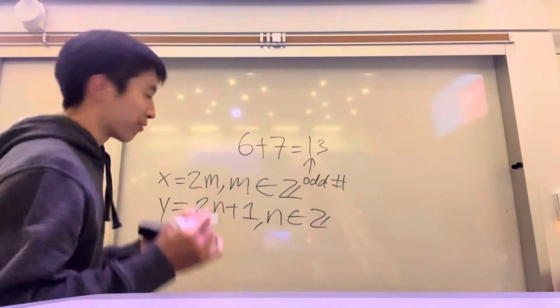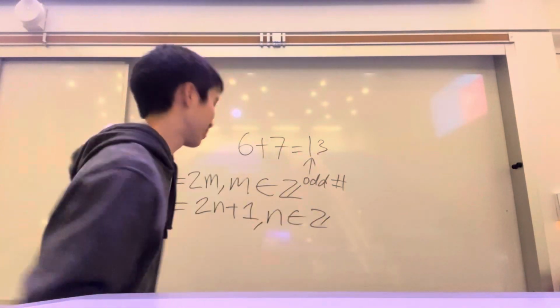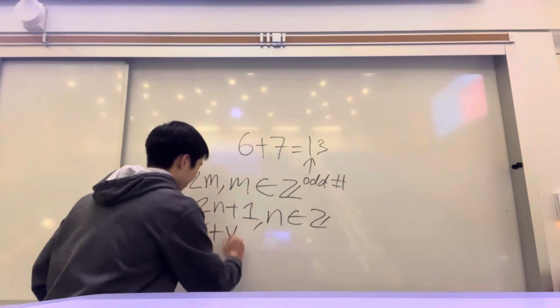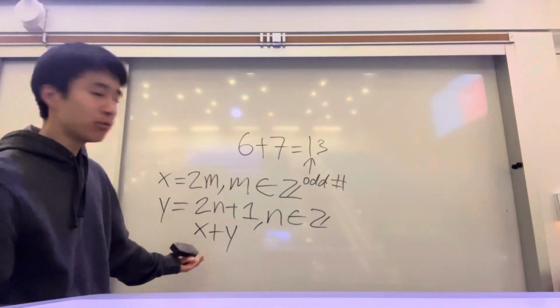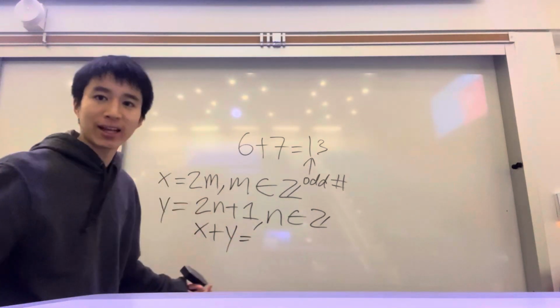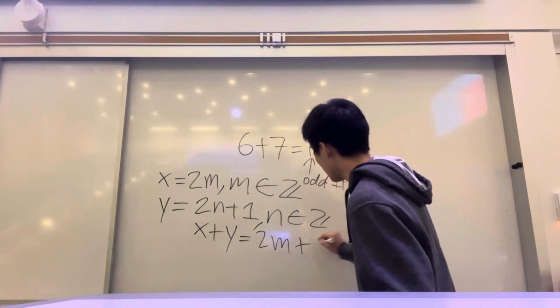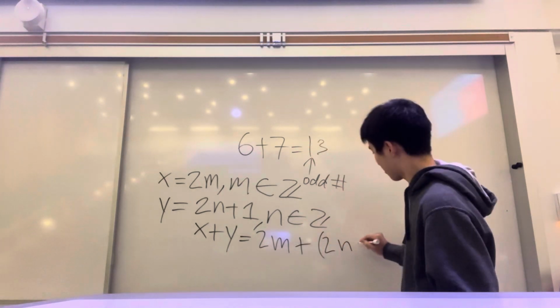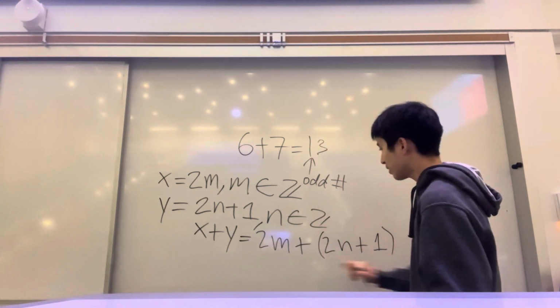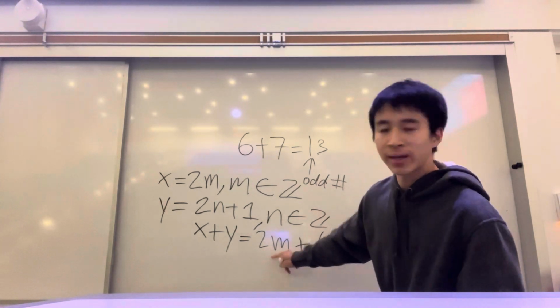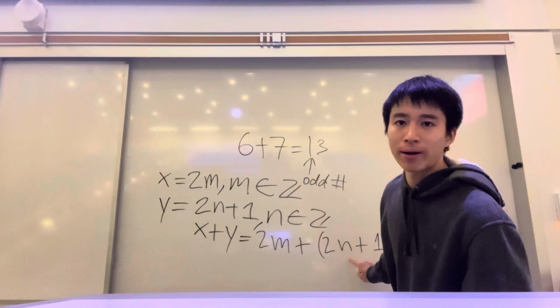How do we find the sum? Very simple, you just add the two numbers. So it's x plus y, which is going to be 2m plus 2n plus 1. Here, 2m is x, the even number, and 2n plus 1 is y, the odd number.